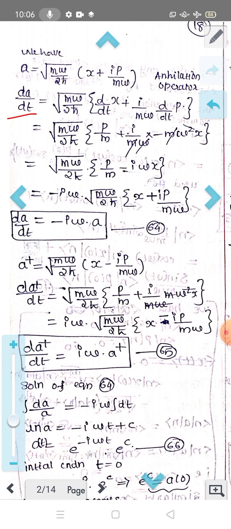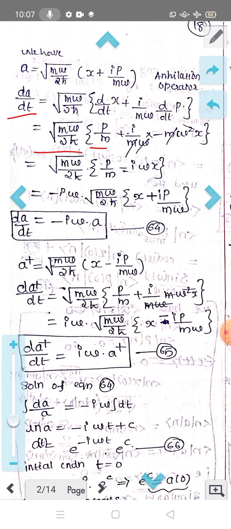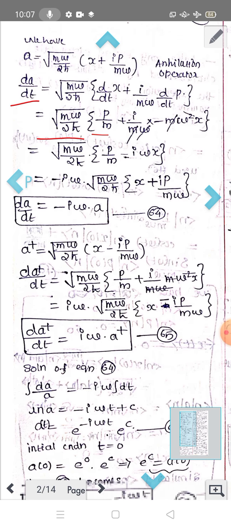From this we can write dA/dt is equal to root of m ω/2ħ, taken outside, dx/dt plus i/(m ω) dp/dt, that is equal to root of m ω/2ħ, where dx/dt is equal to p/m, plus i/(m ω) into dp/dt, which we already said is minus m ω² x, and put the value and cancel the repeating terms in numerator and denominator.